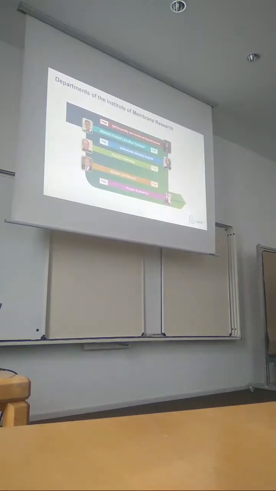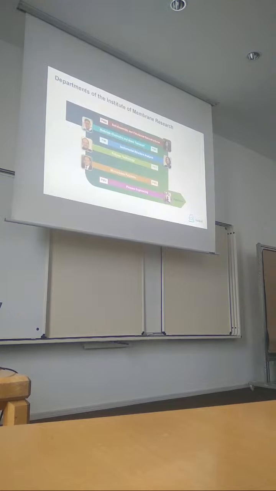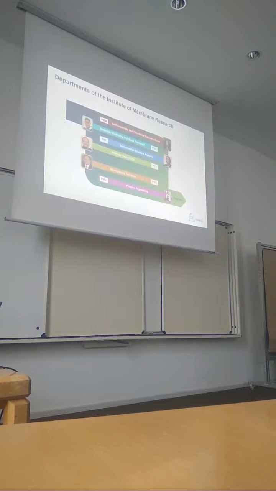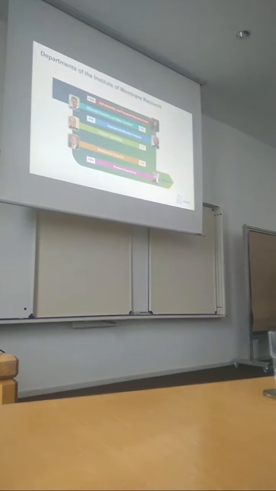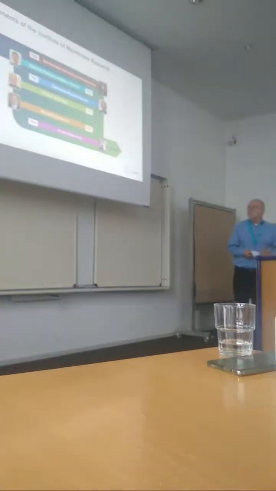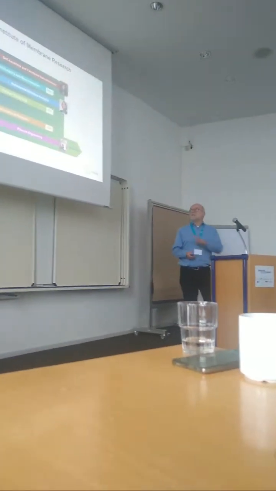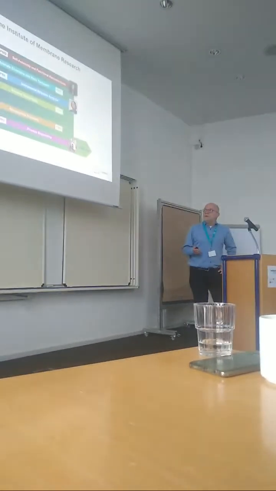So we look into what materials are good candidates for that, how to make membranes from those materials, how to design the pressure vessels into which these materials are being fit into, and how to put that into process, how to scale up the membrane production, and so on. So that is covered by the different departments and the different people you see there.